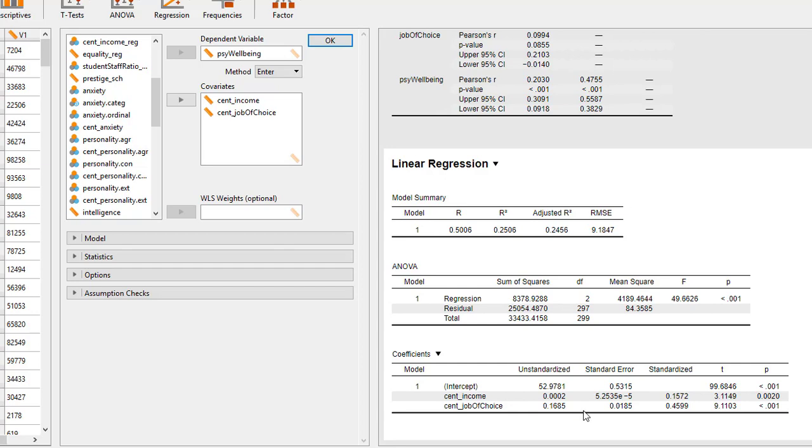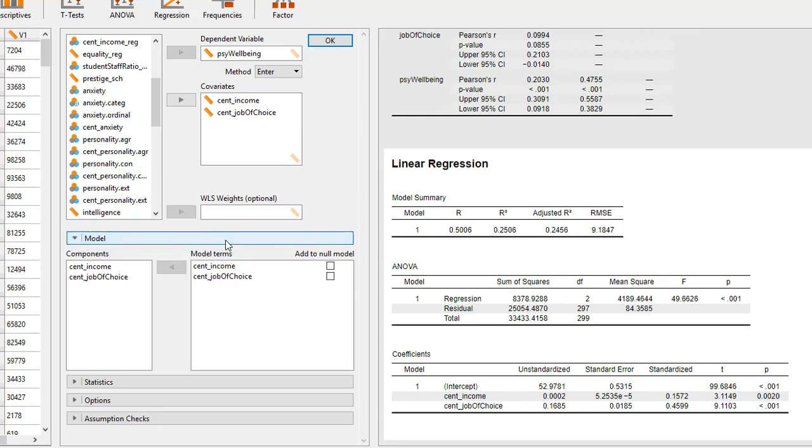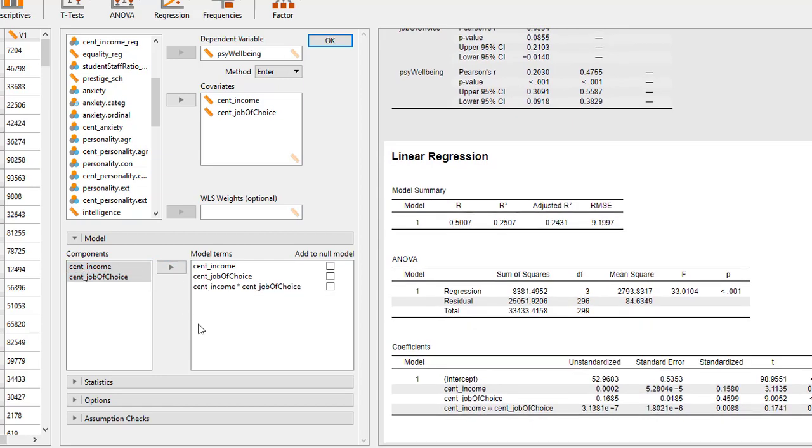But as I said, we also want to incorporate the interaction between these two variables, and we do that by going to model. We highlight both variables, and then we press the arrow. So basically that incorporates the interaction. And as you can see, the symbol that denotes the interaction is the star, which is multiplication. In a lot of software, the star is used as multiplication.